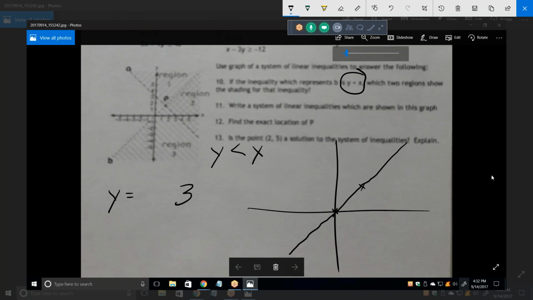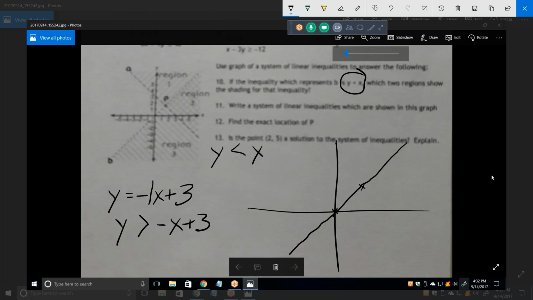Down 3, right 3. Which means the slope is negative 1. So negative 1x plus 3 would be the equation of that line. Give me the inequality of that line. So y is greater than negative x plus 3. Correct. Which is regions what? 1 and 2. Okay.